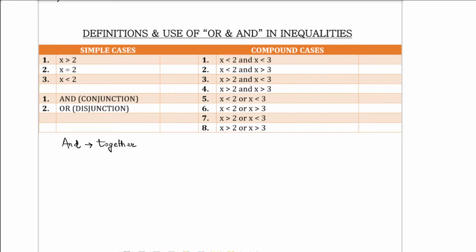Now, when you say together, let us understand this with the help of an example. If somebody says that Anant and Naveen are supposed to do this work together, focus only on Anant and Naveen, they are supposed to complete this work together. So what does this convey? Both of them together are supposed to complete this piece of work.